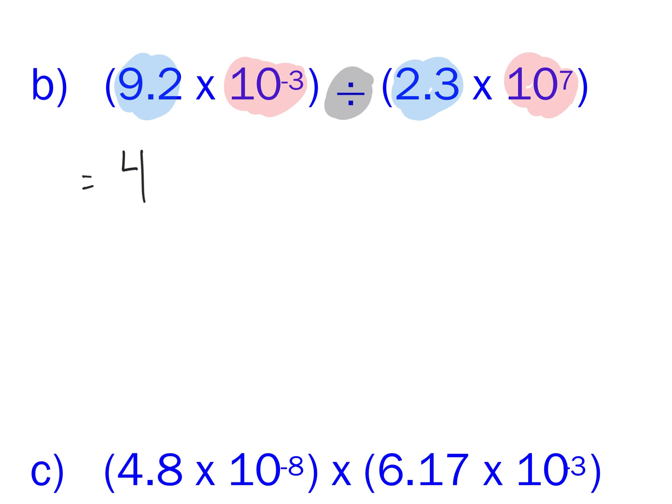What do we get? It's going to be times 10 to the something. Negative 10. Very well done. Because it's negative 3 minus 7, which is negative 10. Indeed. So the answer is 4 times 10 to the negative 10.